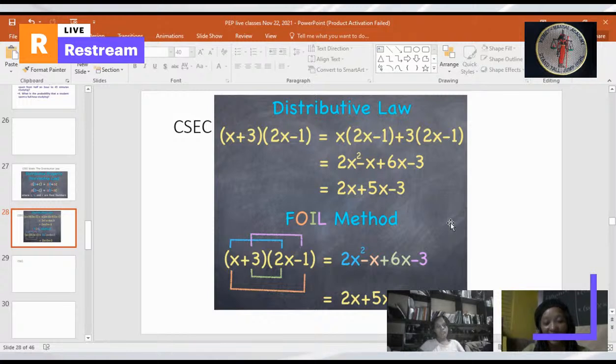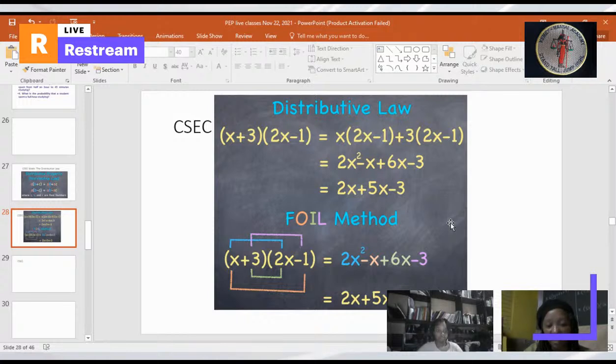So what we get eventually, x times 2x is 2x squared, and x times negative 1 is negative x. The 3 times 2x gives 6x, and 3 times negative 1 gives negative 3. And then what we do is we simplify.